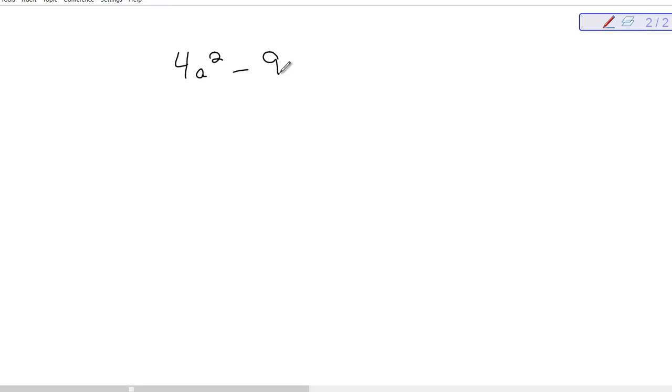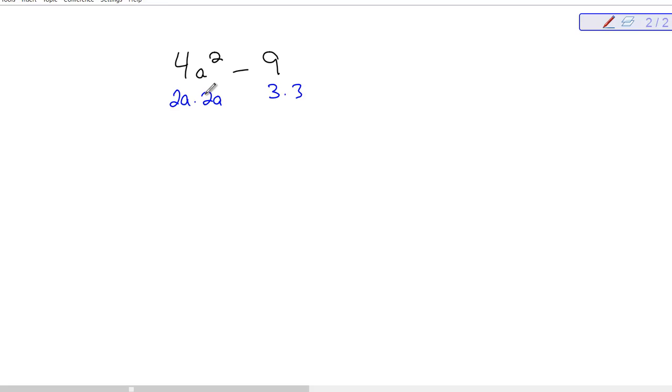So let's think about how we can split up this 4a squared. Now the 9 is fairly easy. It's going to be 3 and 3. But the 4a squared, well, I know that the a squared is a and a. How can I break up the 4? The 4 gets broken up into 2 and 2. Now notice I put 2a and 2a. The reason why is I want to divide them up evenly.